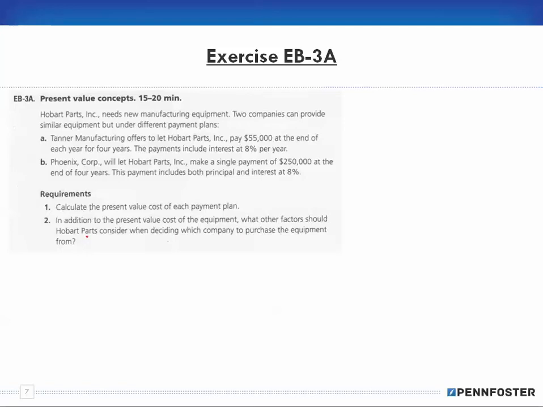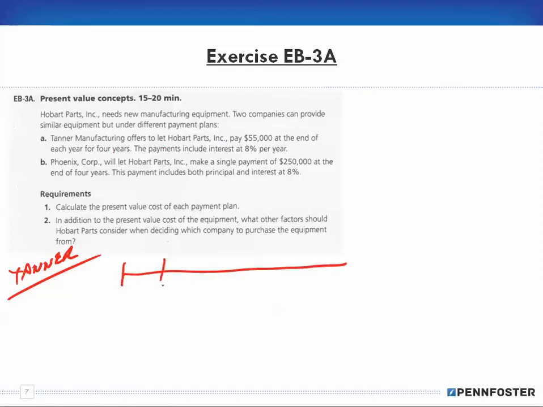All right, so let's look at the 2 plans. For Tanner, it says it offers to let Hobart pay $55,000 at the end of each year for 4 years.